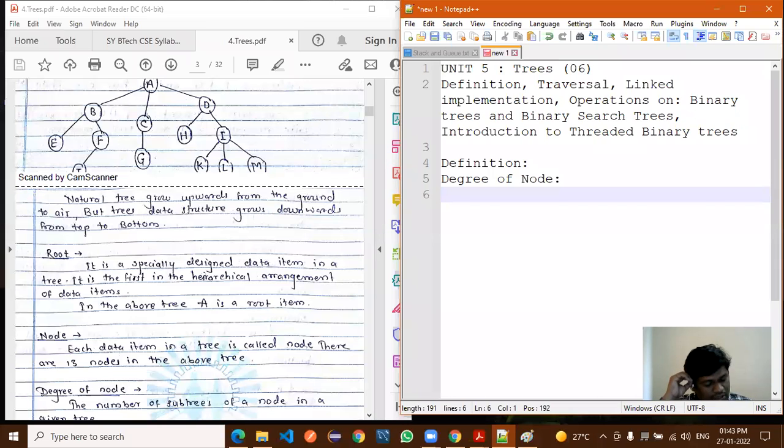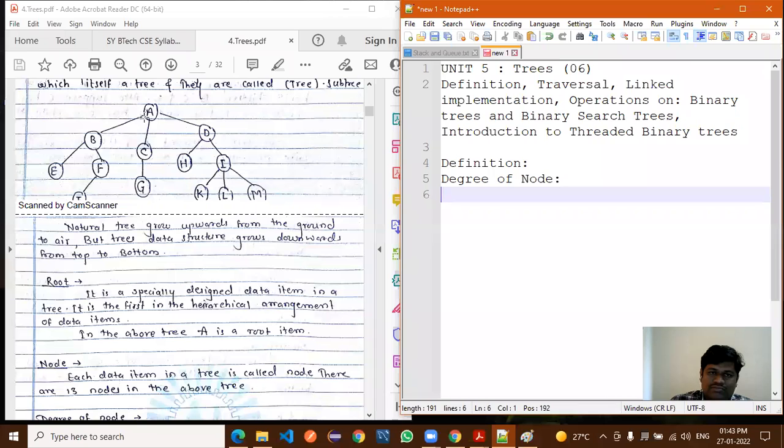Whatever node you are considering, so A is there, right? Now how many branches are there for A? 3 branches. This is called the degree of the node.